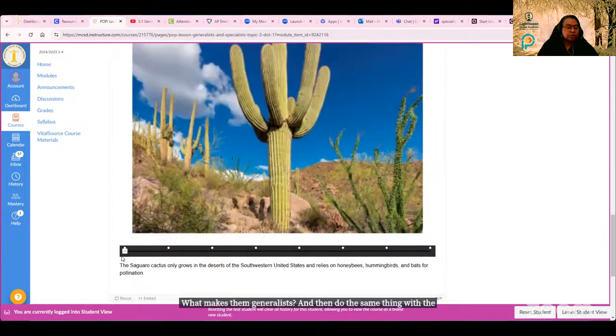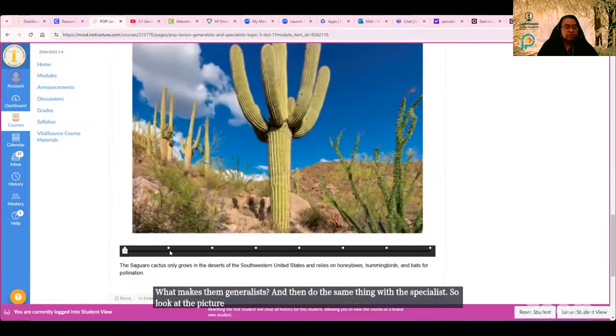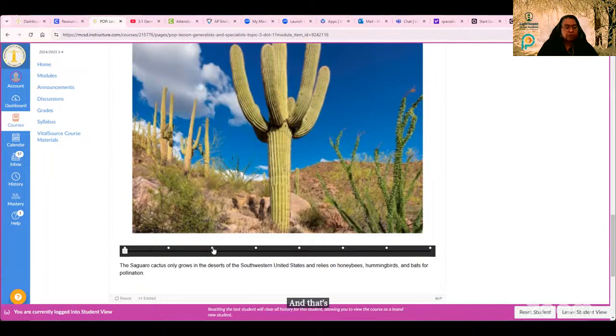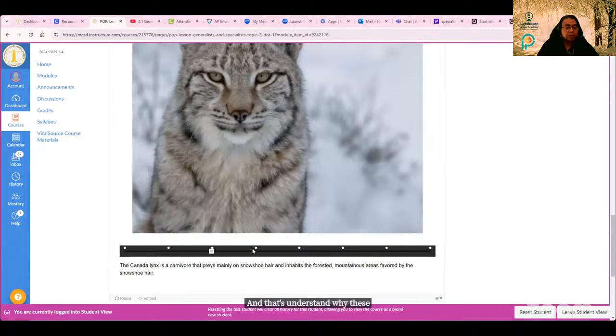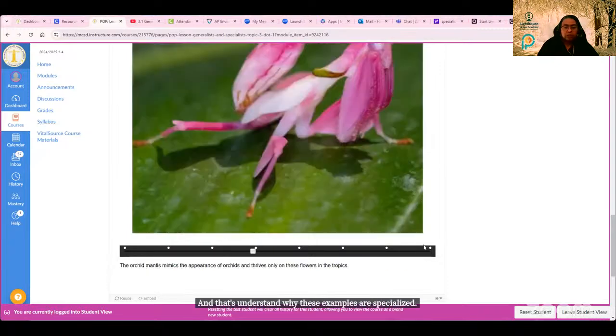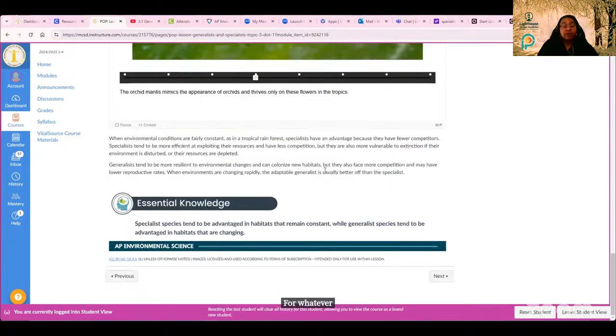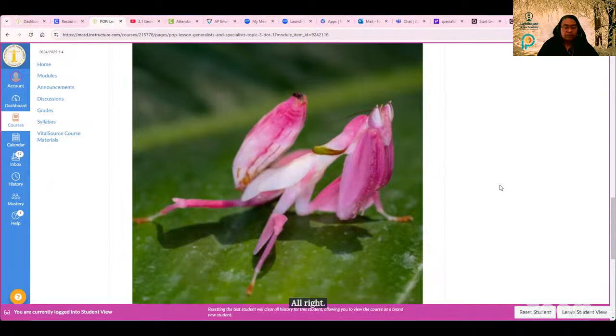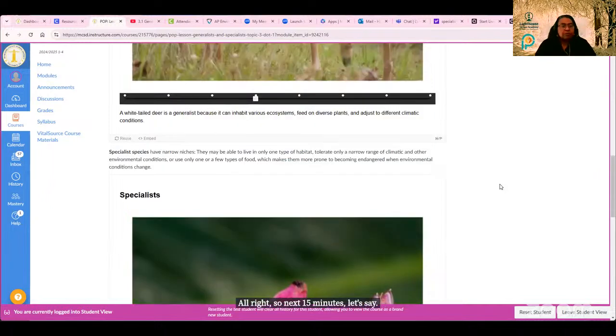Look at the picture, read the caption underneath, and understand why these examples are specialized for whatever environment they're in. Okay. So for the next 15 minutes, you all do that.